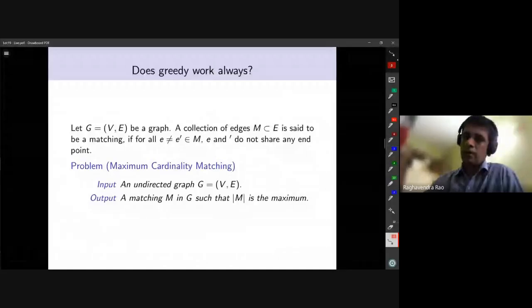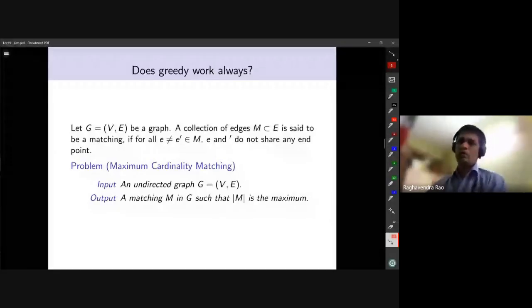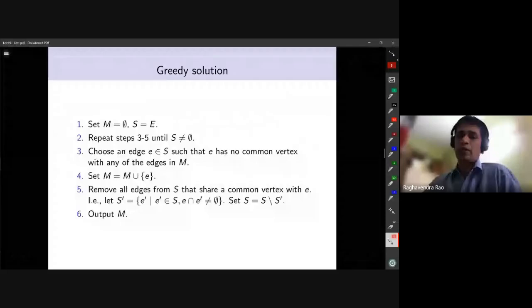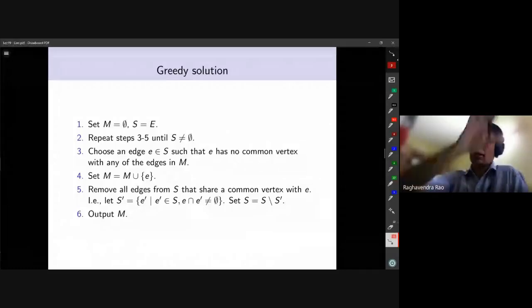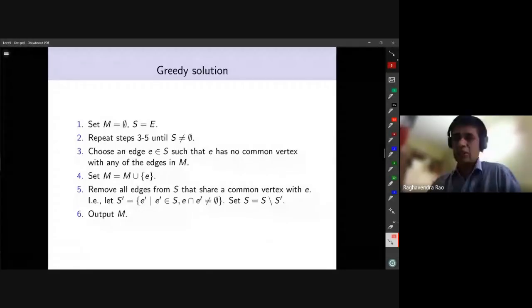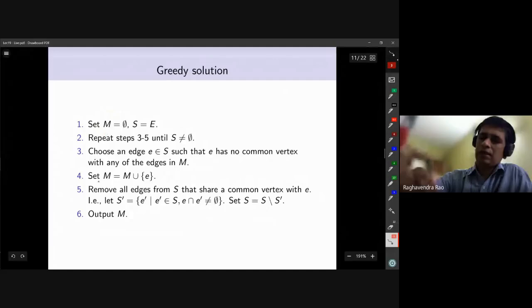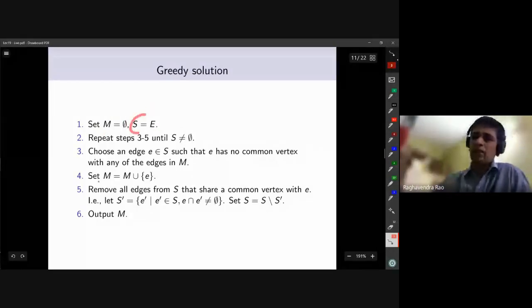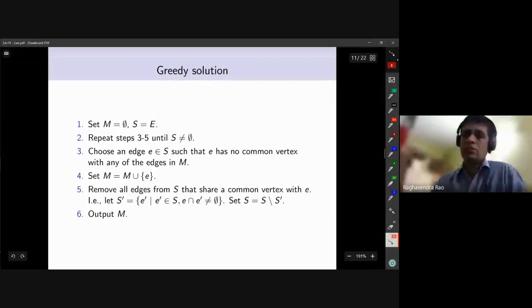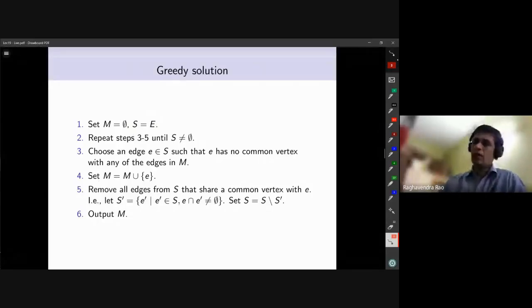Let's look at a greedy algorithm for this. We're essentially taking the generic greedy algorithm and fitting it into this matching scenario. We initialize the matching M with the empty set, and the candidates are the set of all edges, so let's take S as E. We repeat the steps as long as S has at least one edge.